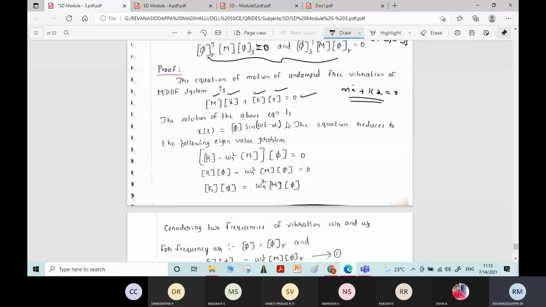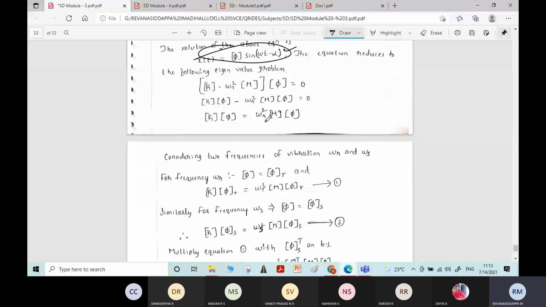If you are able to remember this equation, write it. Otherwise, you can skip this particular step, no problem. We also know the eigenvalue problem, that is K minus omega n square M into phi equal to 0. This condition we will use in solving the problems. Where, I will show you.